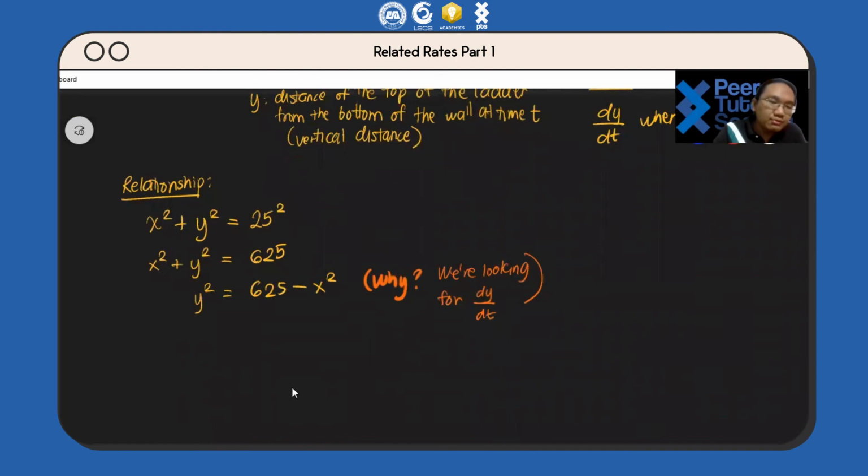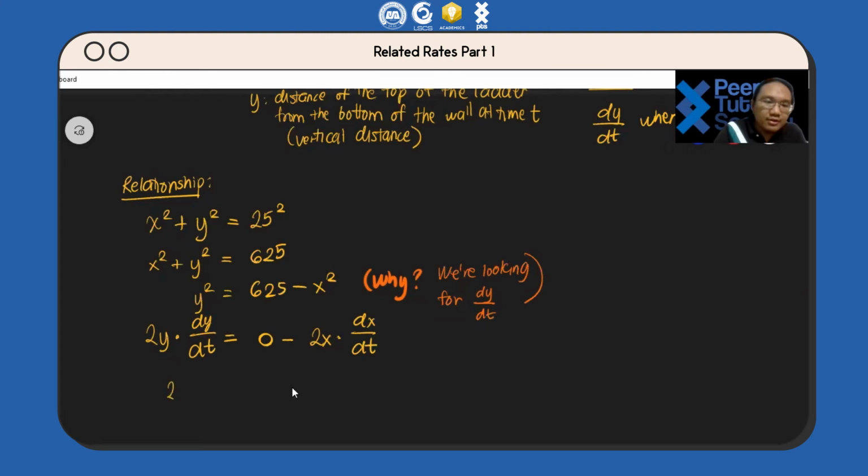So the derivative of y squared with respect to time, power rule, put back our yellow pen, 2y multiplied by dy/dt. 625 is a constant, so that would be a 0. X squared, so that would be a 2x multiplied by dx/dt.